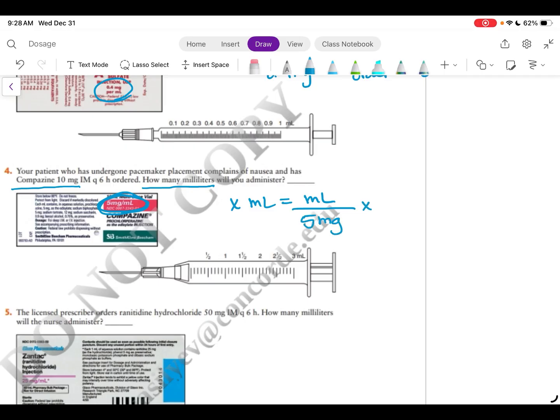So I'm going to use that. And then 10 milligrams is my order. All right. So then this becomes 10 divided by 5, which is 2. 2 milliliters, okay?